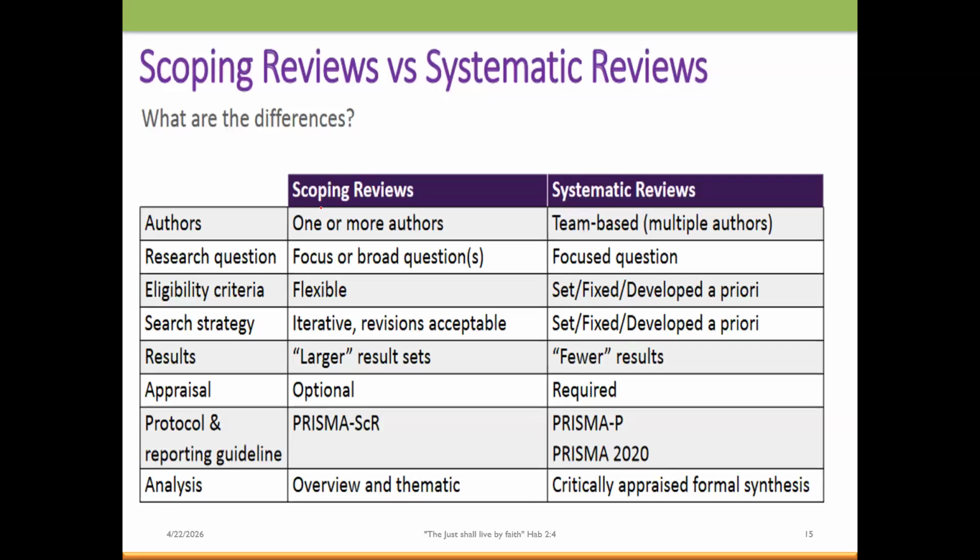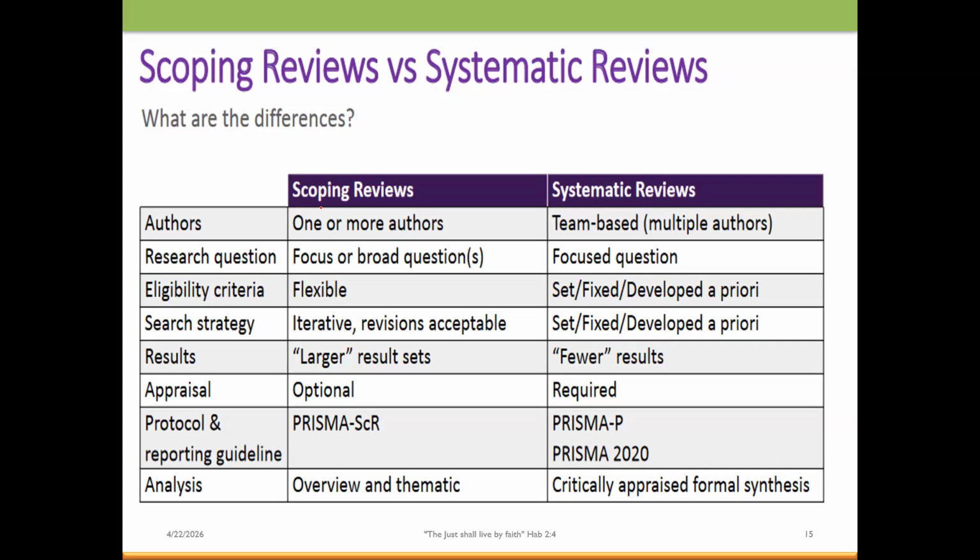Eligibility criteria in scoping reviews are flexible. For example, if your intention was to find interventions used in improving maternal health and all those aspects, and you go and find a few, you can include them. You can say you want to look at interventions, their strengths and weaknesses. So it is flexible compared to systematic reviews, where they are very rigid.